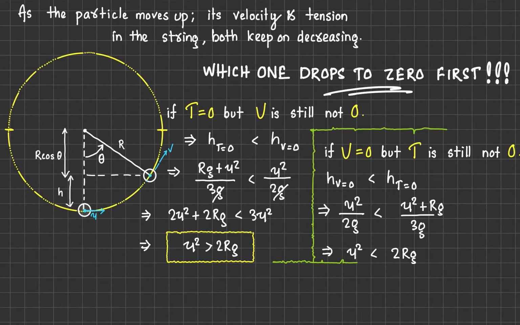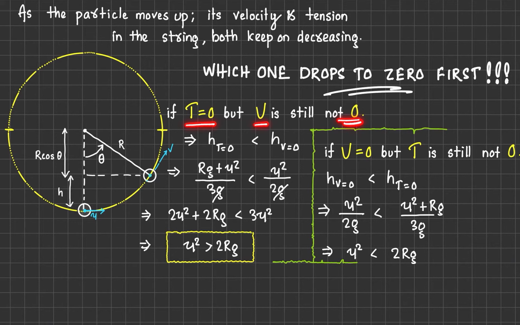As we discussed, let me say it again, as the particle is moves up, the velocity and tension both decrease. So if we need the condition for when tension will be 0 or when velocity will be 0, we need to analyze like this. Let's say first tension is 0 but v is still not 0.